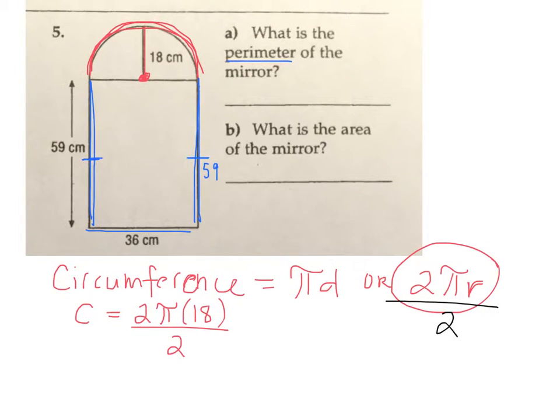Let's simplify the numerator first. 2 times 3.14, which I'm using for pi, times 18, and I get 113.04. I need to divide that by 2 since we're only working with half of the circle. Divided by 2 is equal to 56.52 centimeters.